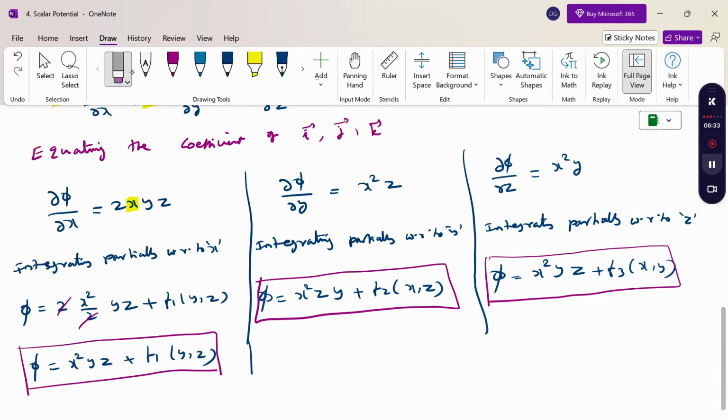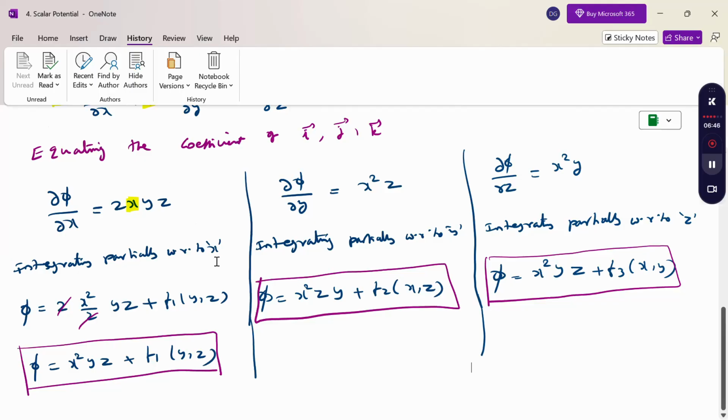So this is the term. The integration is completed.